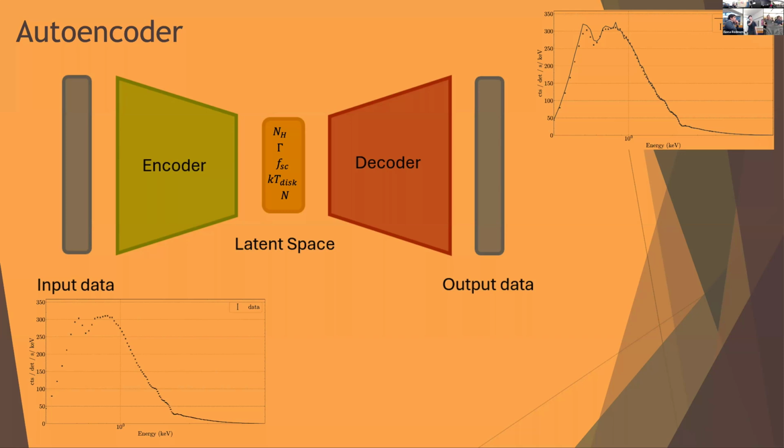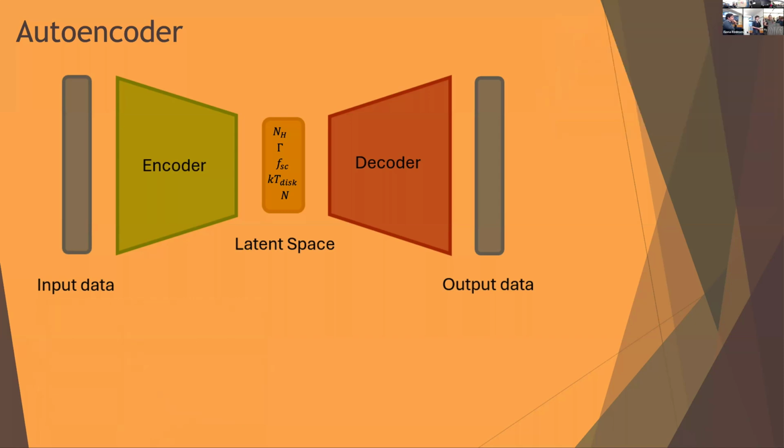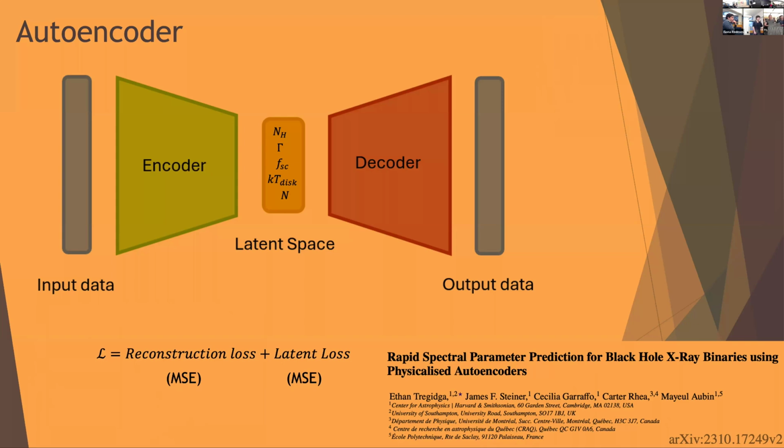We compare the reconstruction with the input data through a loss function, and we try to make them resemble each other as much as possible to ensure that the parameters in our latent space accurately represent the data. So we use this reconstruction loss function with mean square error, and we also add this latent loss.